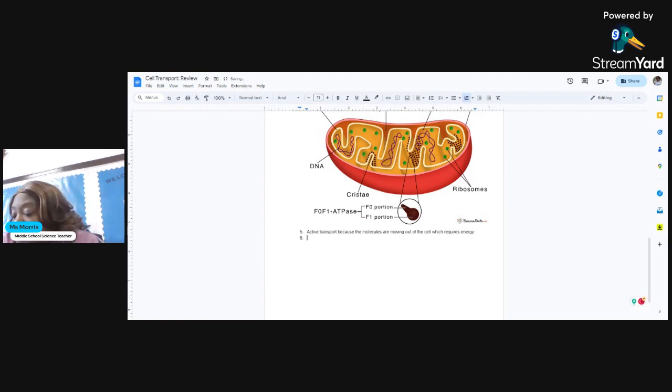All right, 6, identify and label the cell wall. Okay, so the cytoplasm would be on the first line.